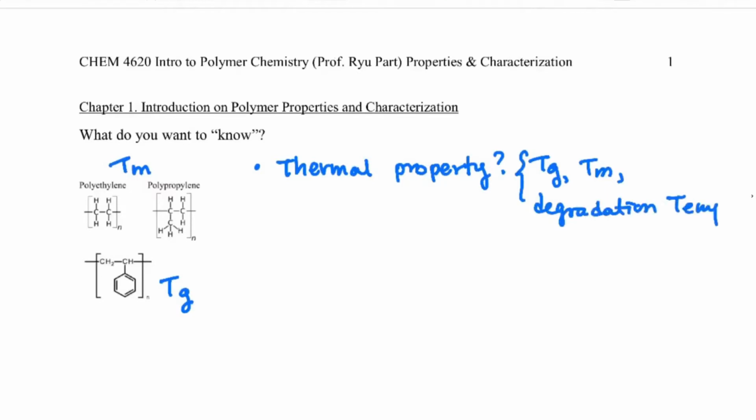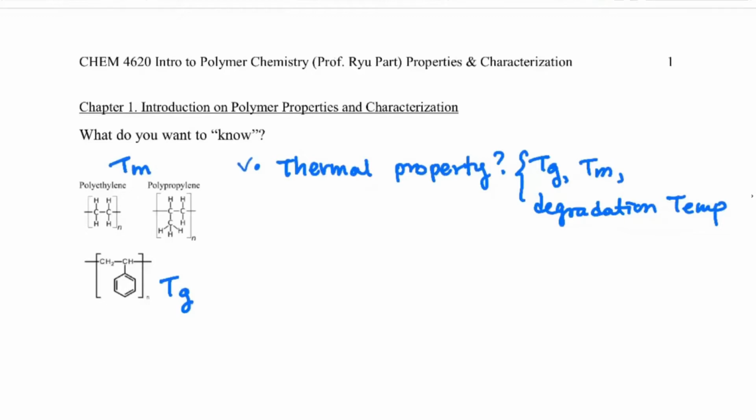If you make the polymers and put them into an instrument that can heat up the sample, not just 100 or 200 degrees C, it can go up to 1000 degrees C, you see when the polymer sample thermally degrades, burns. These are organic polymers typically, so unless you have inorganic polymers, that has a different story. A typical organic polymer has a degradation temperature. So thermal property is probably one thing you want to know.